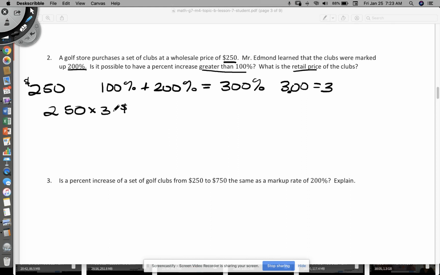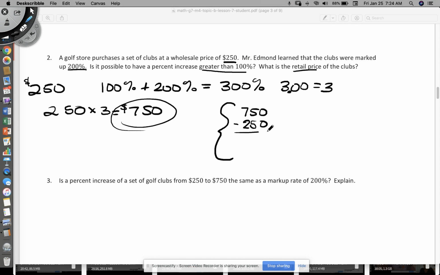How much would you and I pay for these clubs? We would pay $750. Okay? And again, they would take $750, they pay back their $250. We'll just kind of do this off to the side here. The question didn't ask for this, but I just want to show you. So they're going to take that $250 sale, they're going to raise it up to $750.